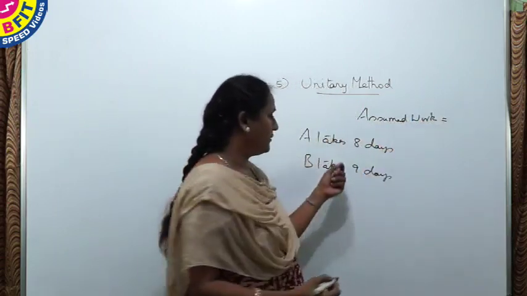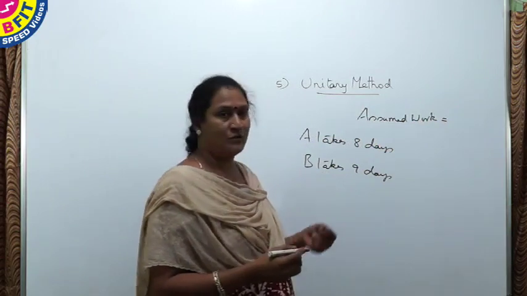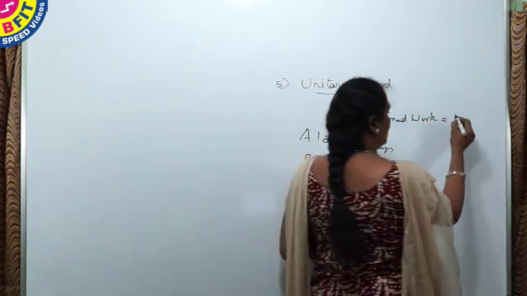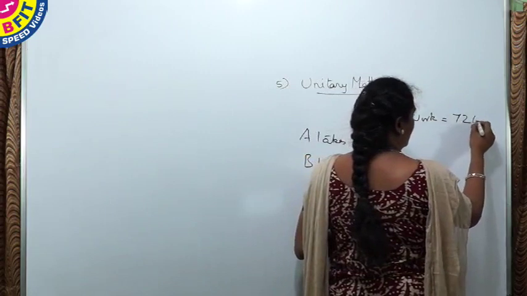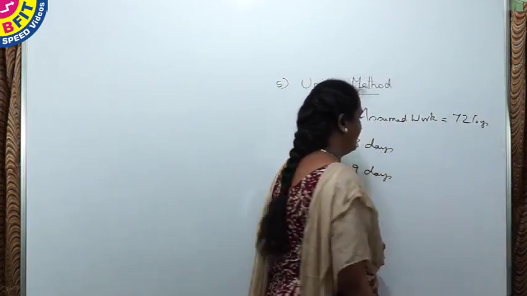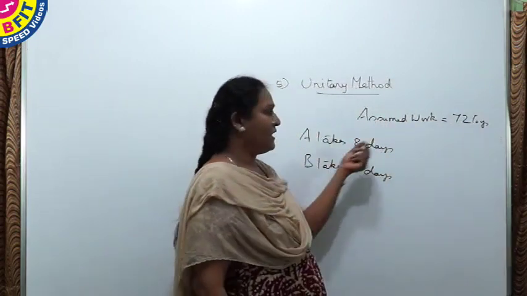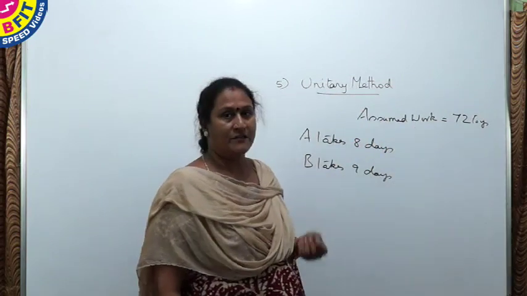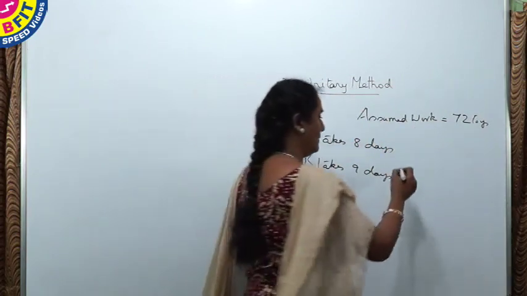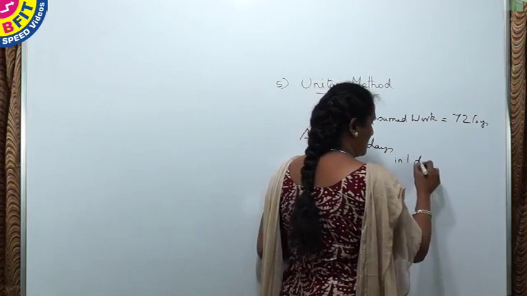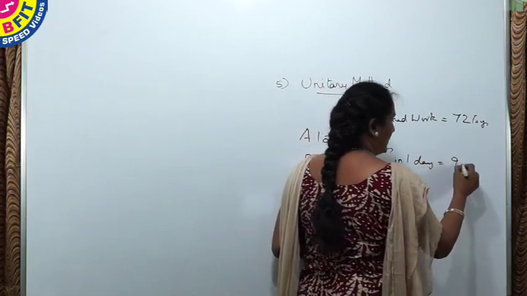So here product of 8 and 9 is 72. We assume that the work here is to make 72 toys. So if A can make these 72 toys in 8 days, in 1 day A can make 9 toys.